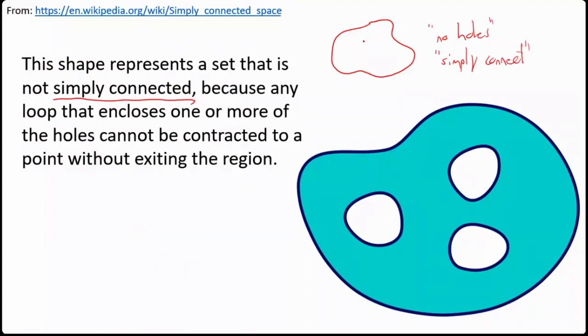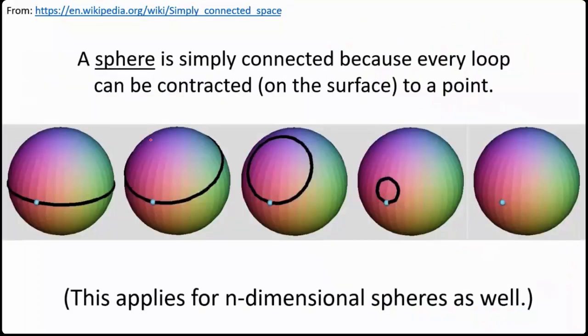The way they talk about this in math is if you have a loop in your space, you can sort of pull on both sides and close the loop up to a point. Whereas in a not simply connected space, I get stuck around the holes and can't close the loop up by pulling on both sides. So that's sort of an intuitive definition.